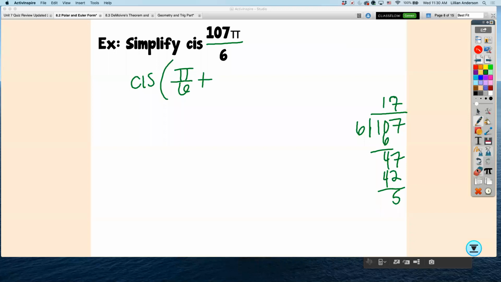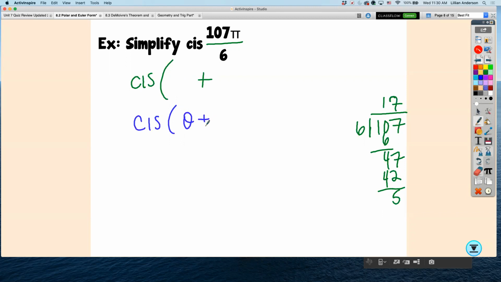All right, if I divide 107 by 6, I'll get a whole number 17 and remainder of 5. So that's essentially 17 pi plus 5 pi over 6. When I add those up together, that will give me 107. But in order for me to use the property that cis of theta plus 2k pi, k has got to be an integer, so I couldn't use 17.